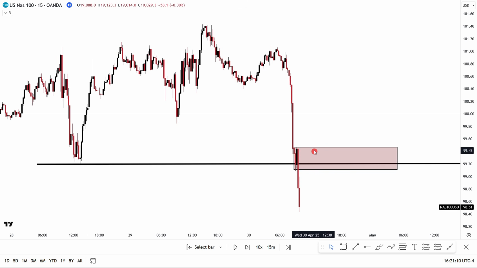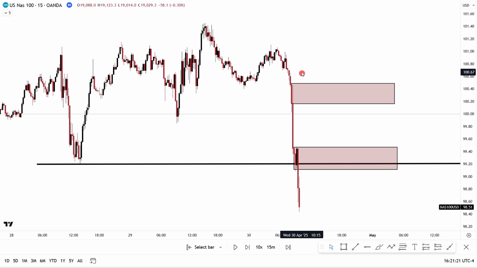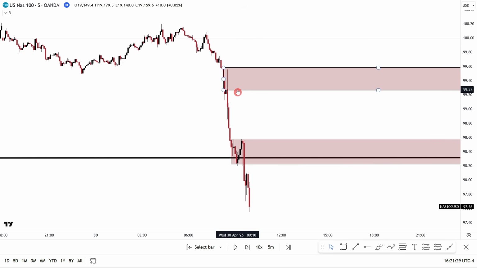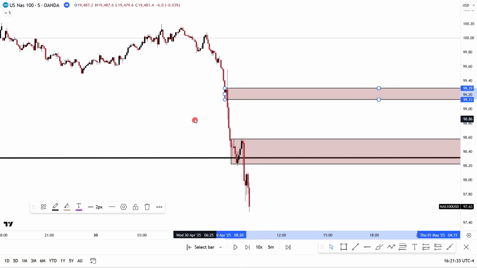And if this looks too risky for you, you could look at this supply zone as well. Usually when you have wick overlap, there should be a supply zone on the lower time frame. So actually, let's check. Let's go a little bit lower. And here you have a supply zone.